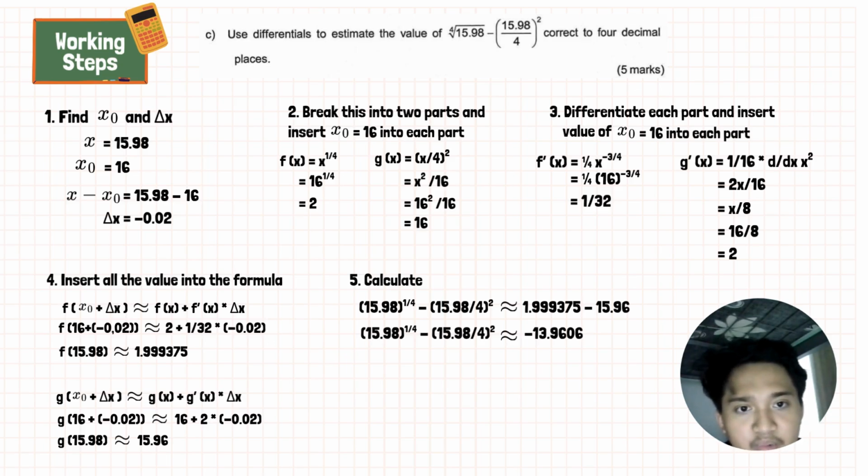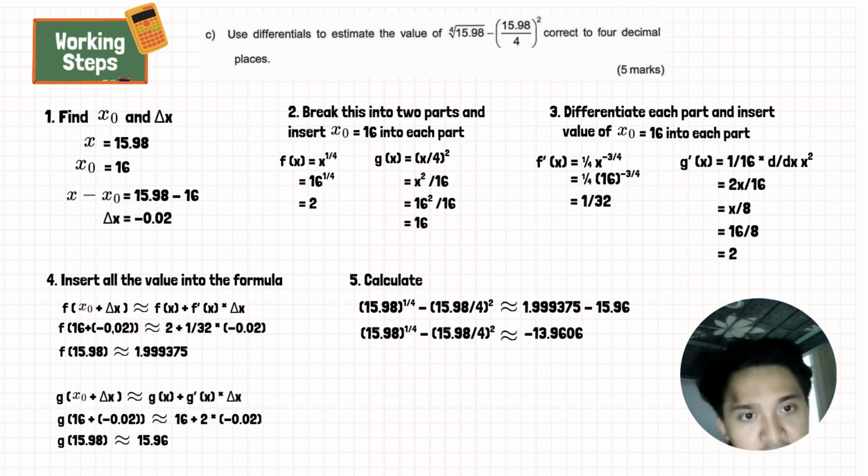So for the third step, we have to differentiate each part and insert the value of x0, which is 16, into each part. So we differentiate f(x). We get f prime(x) equal to 1 over 4 x to the power of negative 3 over 4. So we substitute the value 16 into x, we get 1 over 4 times 16 to the power of negative 3 over 4, and we get 1 over 32.